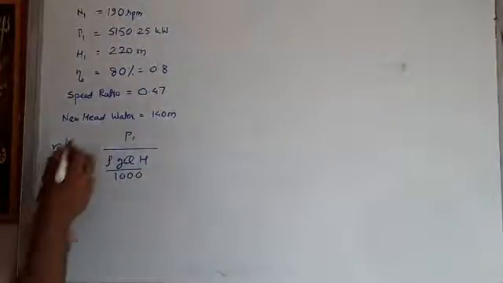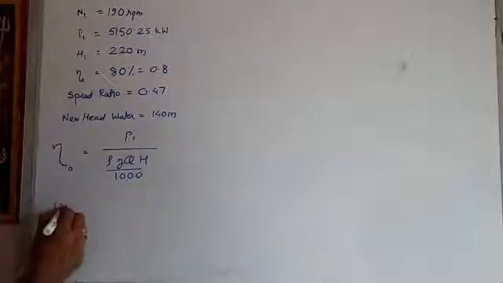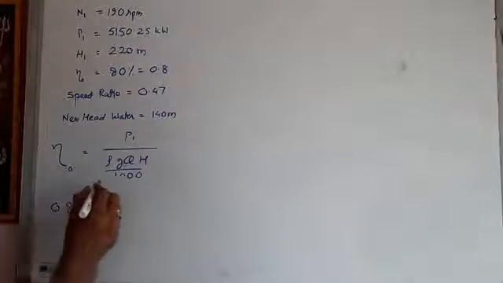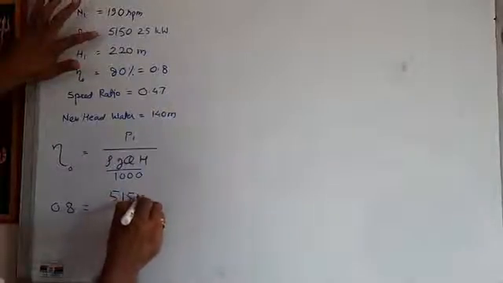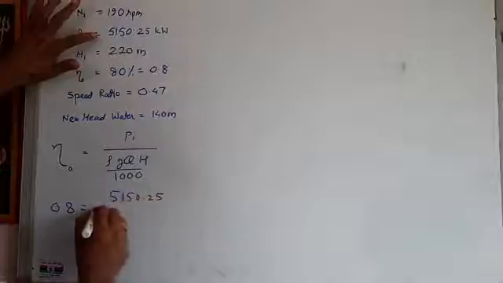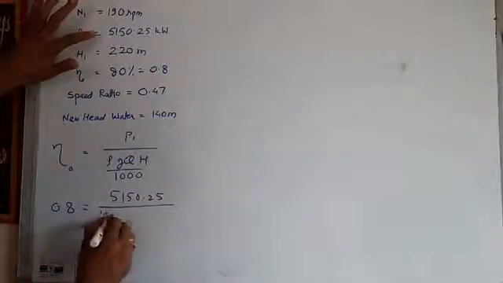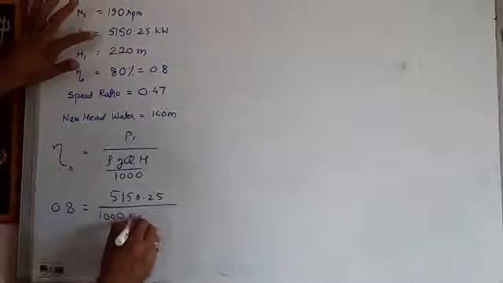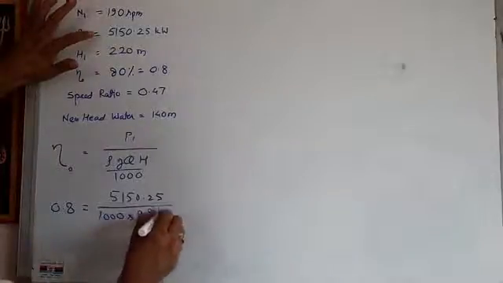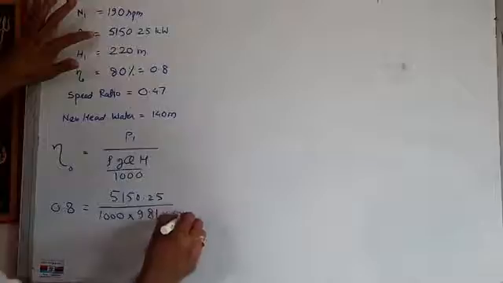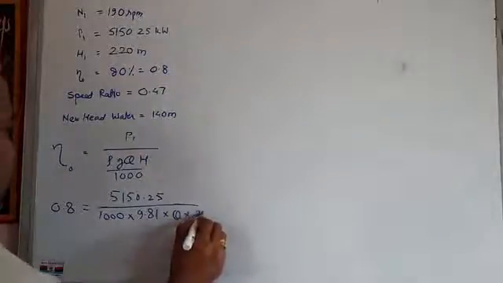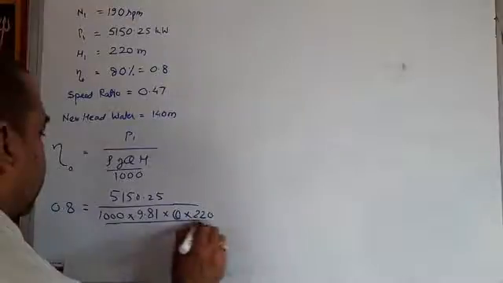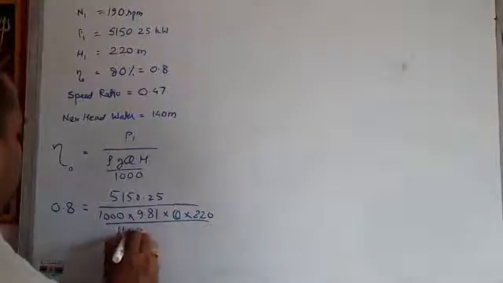Now this is 0.8 equal to P1, 5150.25, by rho, which is 1000 for water, G is 9.81, Q we have to find out, and head H1 is 220 meter, divided by 1000.